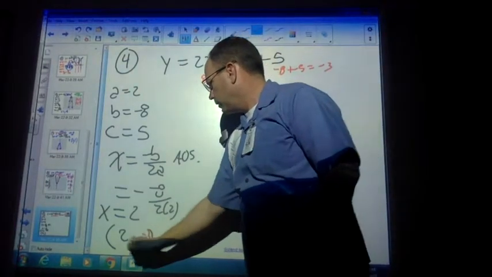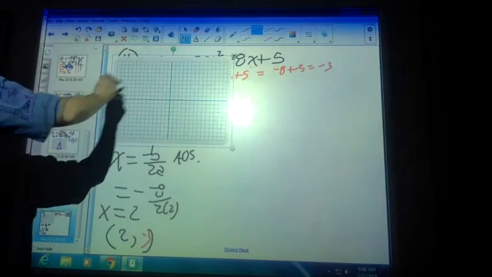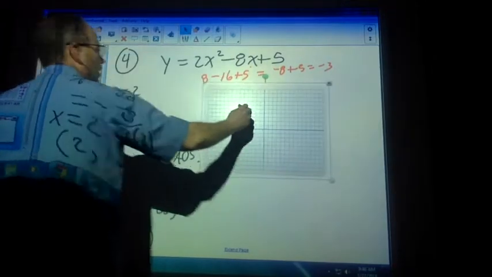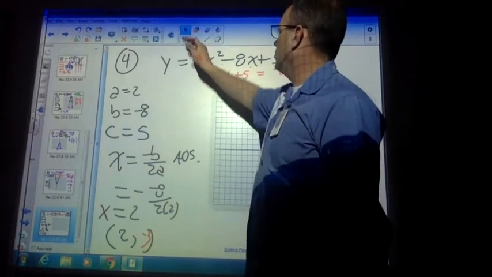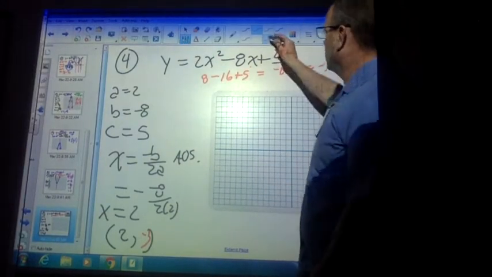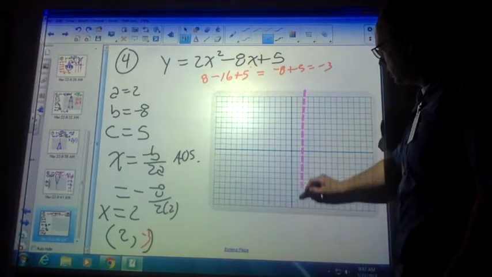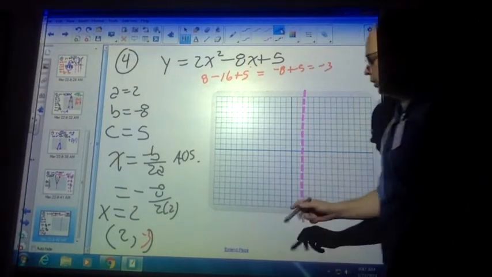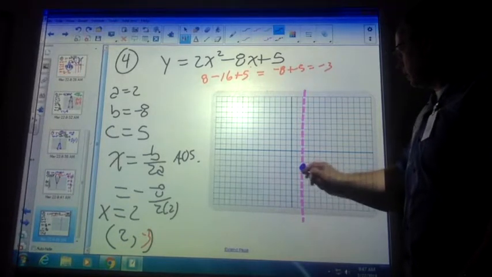I think I've got enough information to graph this. All right, let's take a look. x equals 2 is there. 2 comma negative 3 is right there.